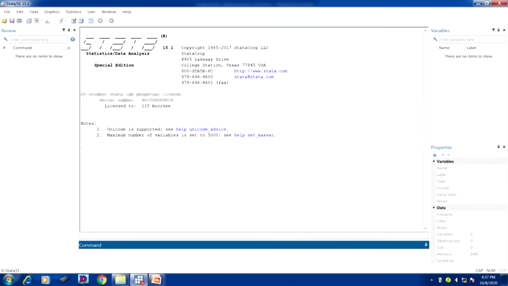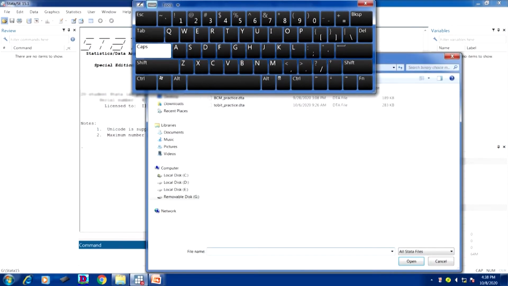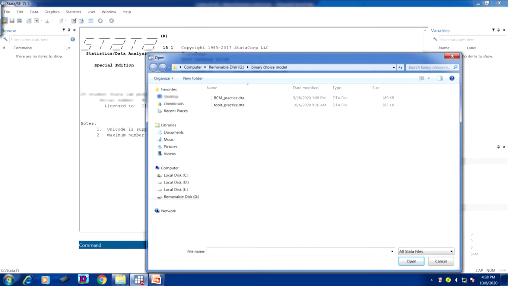Okay. So, once we use the model in Stata, let me open Stata for you quickly. I am going to open the BCM practice data.